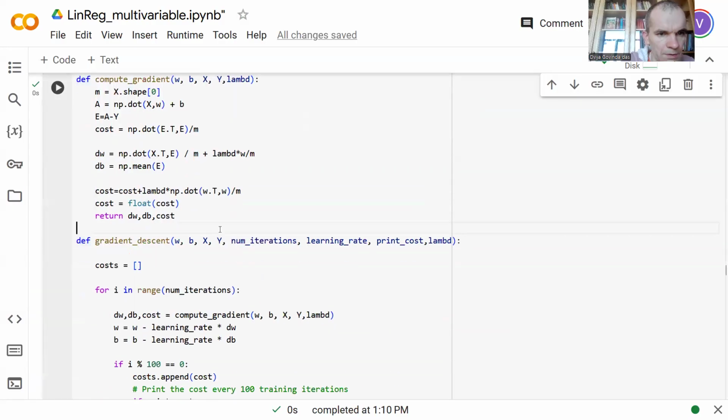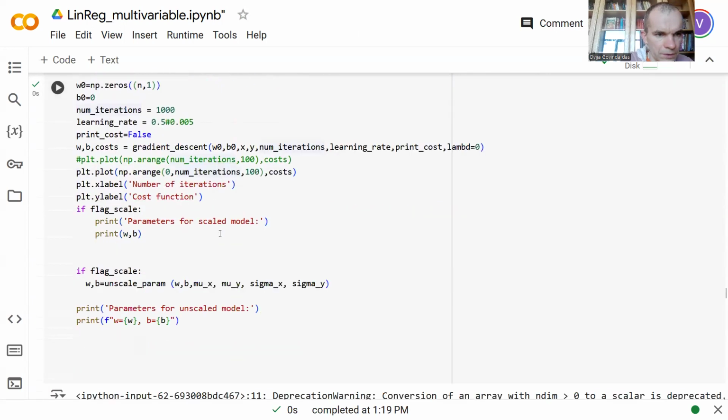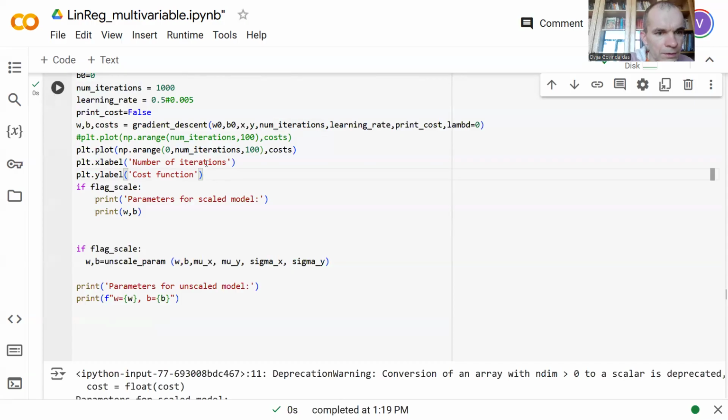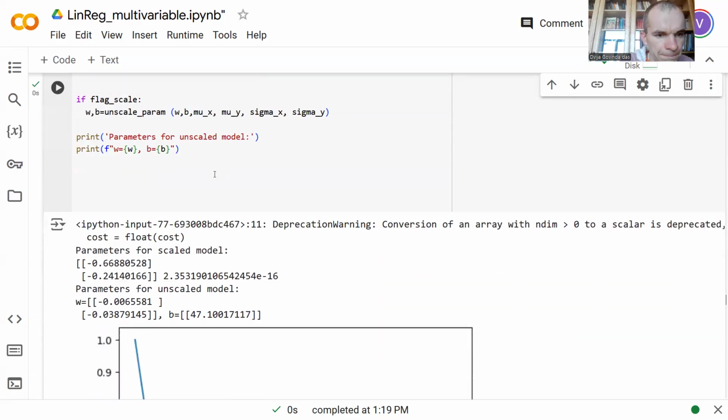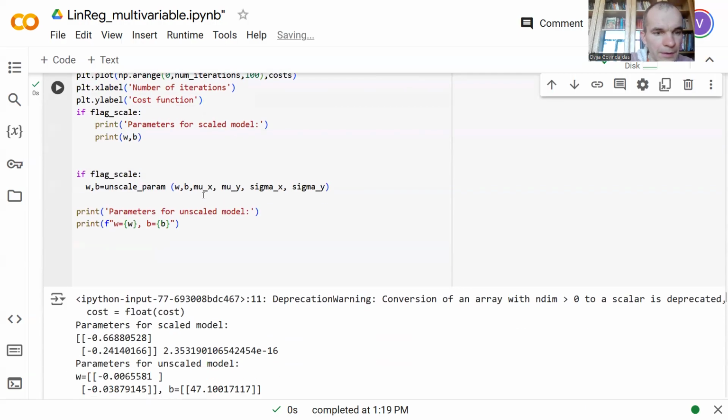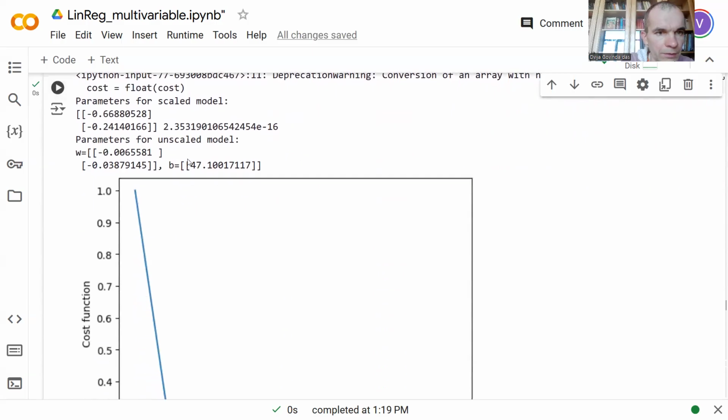Now we will compile the function for gradient descent and run it with learning rate 0.5, quite a high learning rate, and we get the same parameters as we got by normal equation.